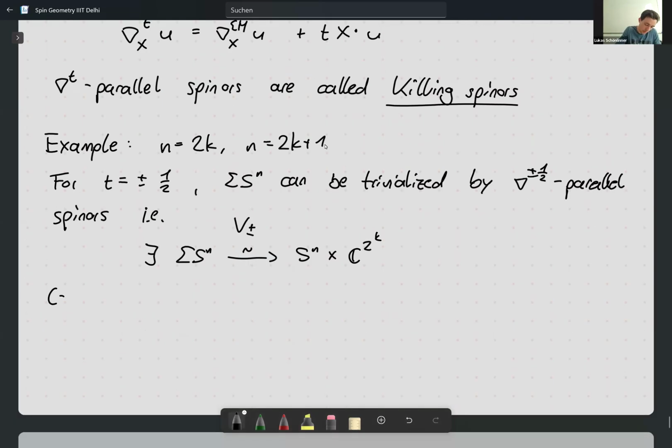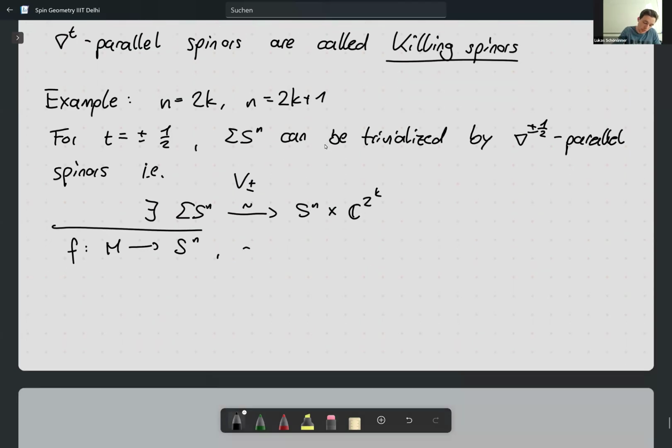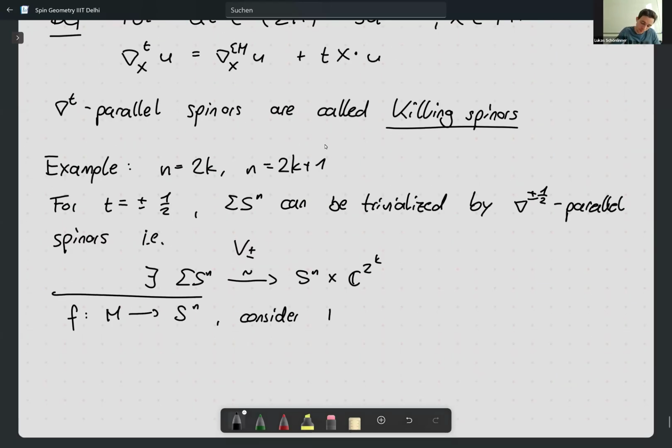Now let's go back to the setting where we have such a comparison map f from M going to S^n, and we consider the pullback bundle E, which pulls back this trivial bundle, which again will be trivial.